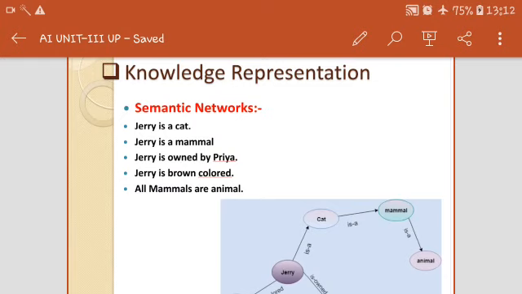A semantic network represents the knowledge in a graphical way with objects and arcs. What is an object? The entity available in the statement. And what is an arc? It is a connection between the different objects. Thus in this way we describe the concept of a semantic network.